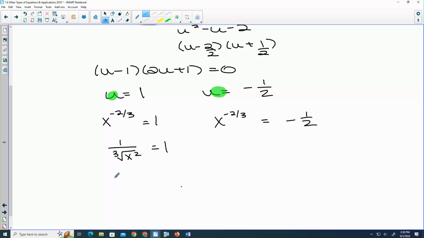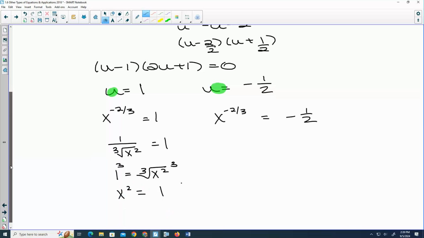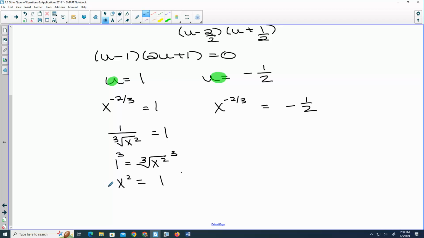So if you wanted to get rid of that, you would multiply over your denominator. How do you get rid of a cube root? Cube each side. How do you get rid of a square? Square root with it, we do plus and minus. So we get positive and negative numbers.